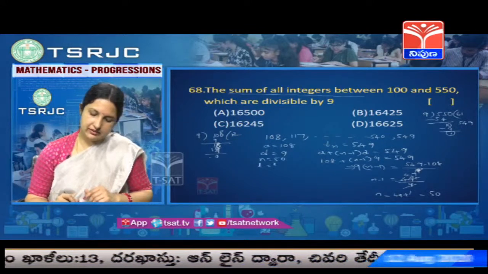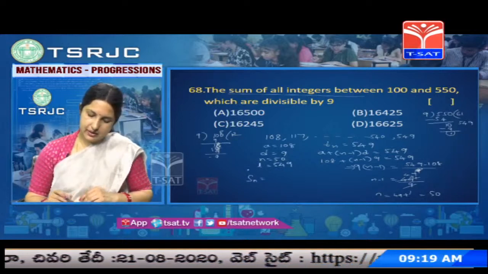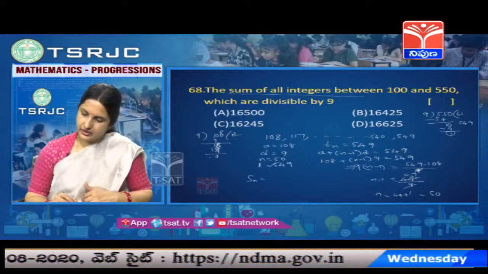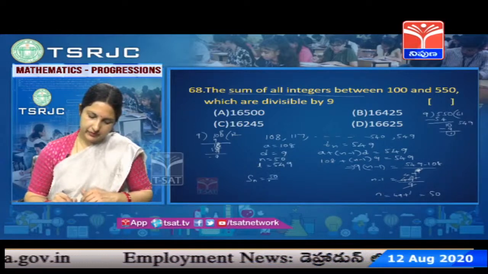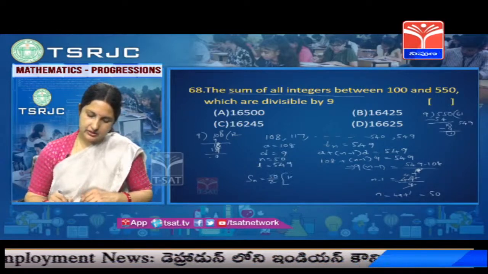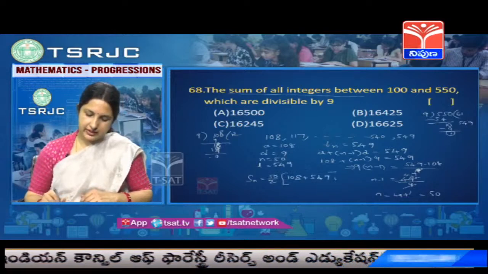What is the last term? 549. Then Sn equals n by 2, n equals 50, so 50 by 2 into (a plus l), which means 108 plus 549.